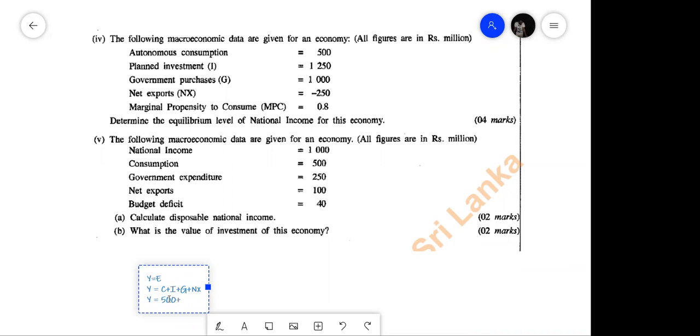And disposable MPC is 0.8. So 0.8 YD. You can make your consumption function through that given information. Investment, they have given you is 1,250. Government purchases, they've given you as 1,000. And then net exports, they've told you it's a minus 250. So solve this, you will get your answer.